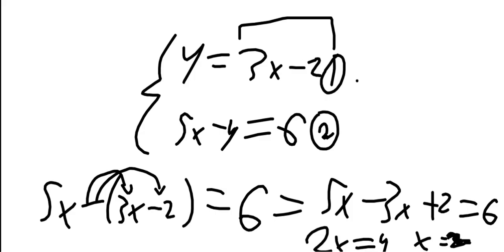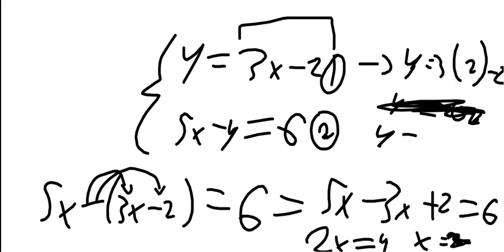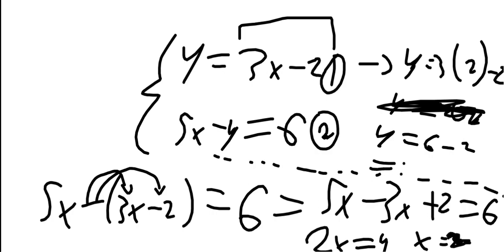So this equation, when substituting x for 2, would be y equals 3 times 2 minus 2. And from here, y would equal 6 minus 2. Let me just make a little bit of room here so you don't get confused. And so y equals 4.